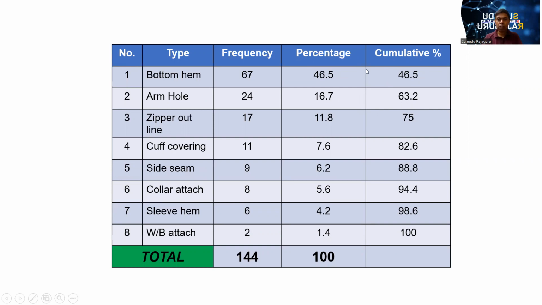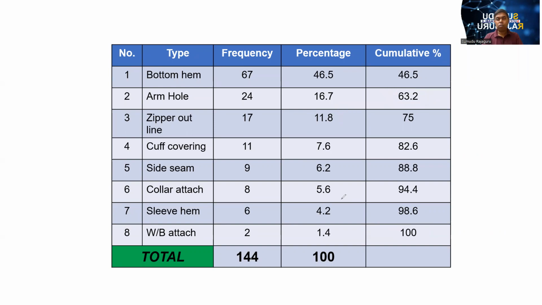Then 63.2, we have to add 11.8, and this is the cumulative percentage. Likewise, we can calculate the cumulative percentage for all the defects. The final cumulative percentage has to be 100, because when we calculate the individual percentages, the total is 100.